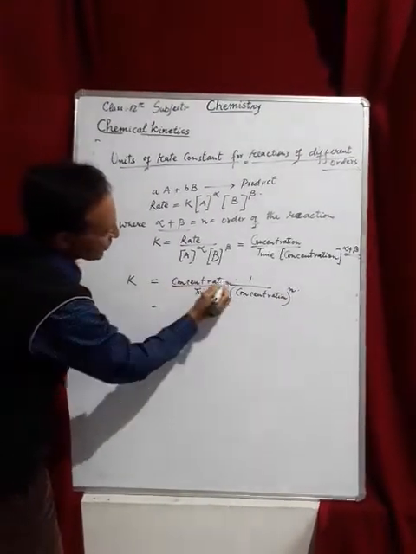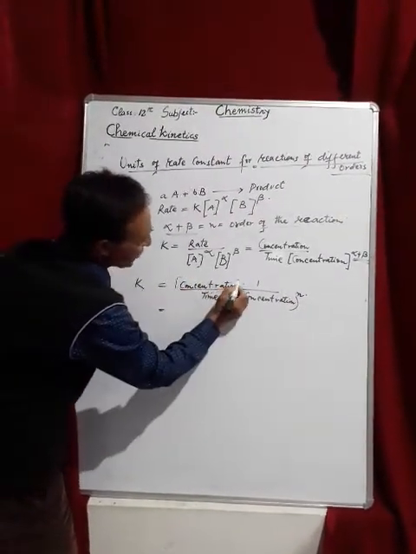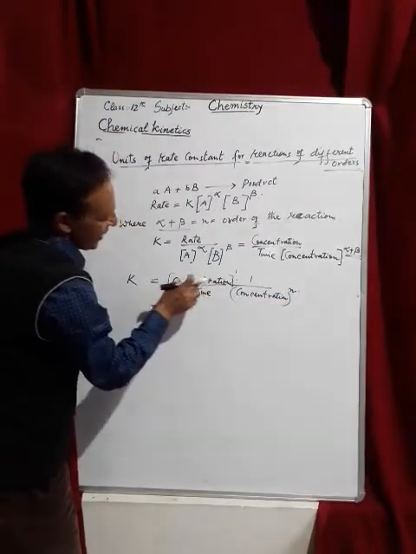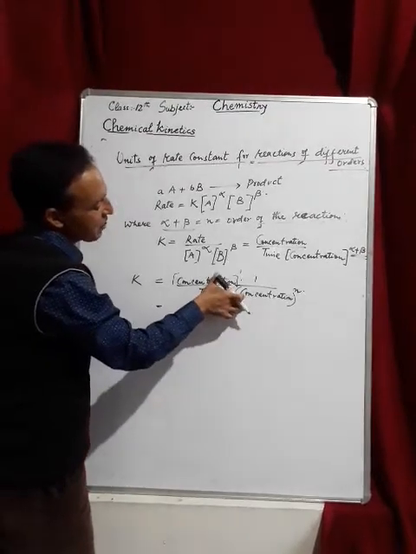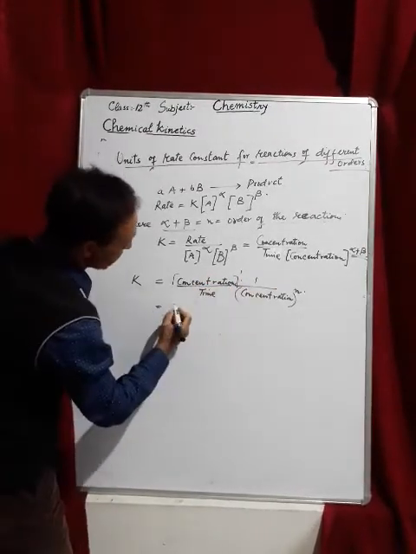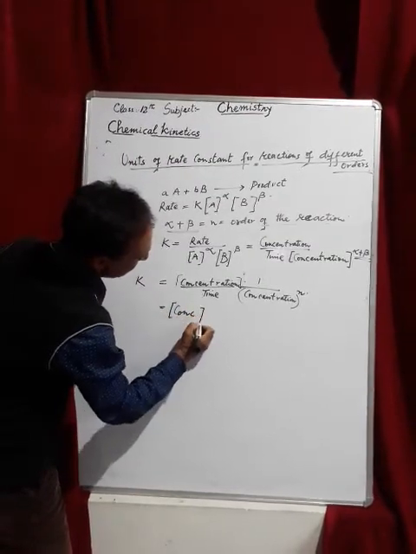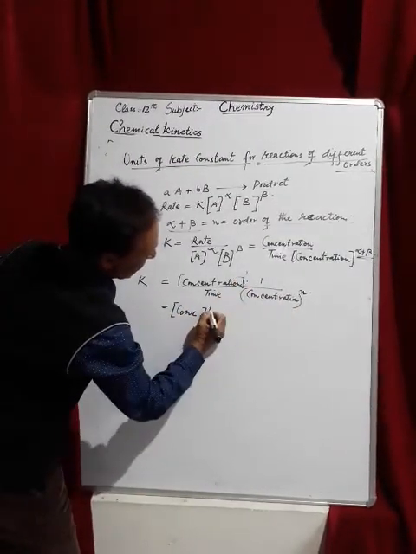Now here concentration, इसका power क्या है? कुछ नहीं है. That means it is 1. Here concentration raised power n. In case of the division, when the bases are same, powers are subtracted. So we can write concentration raised power 1 minus n.